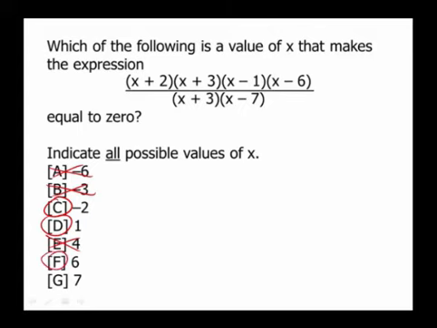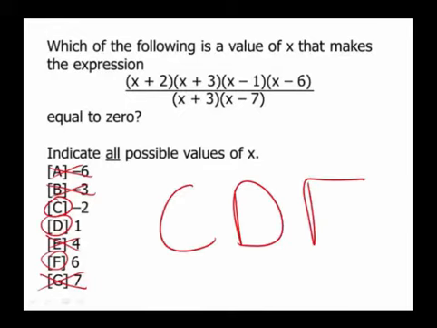If we plug in x equals 0, then we get a non-zero number in the numerator, but 0 in the denominator. And that is also mathematical nonsense. So that doesn't equal 0 either. And so that doesn't work. And so the three ones that legitimately make the fraction equal to 0 are C, D, and F.